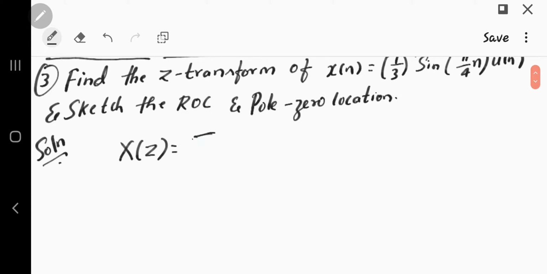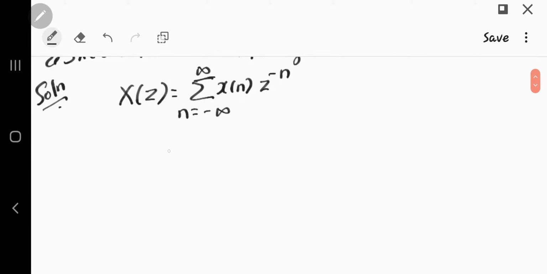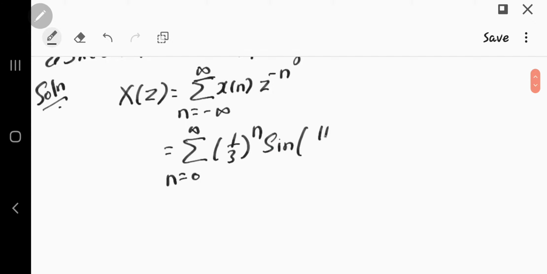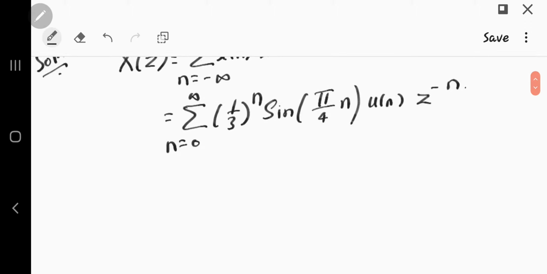Now going to the solution, let's start with the definition: summation n varying from minus infinity to plus infinity x of n z to the power of minus n, and given x of n as (1/3) to the power of n sine(pi by 4 n) into u of n, z to the power of minus n.